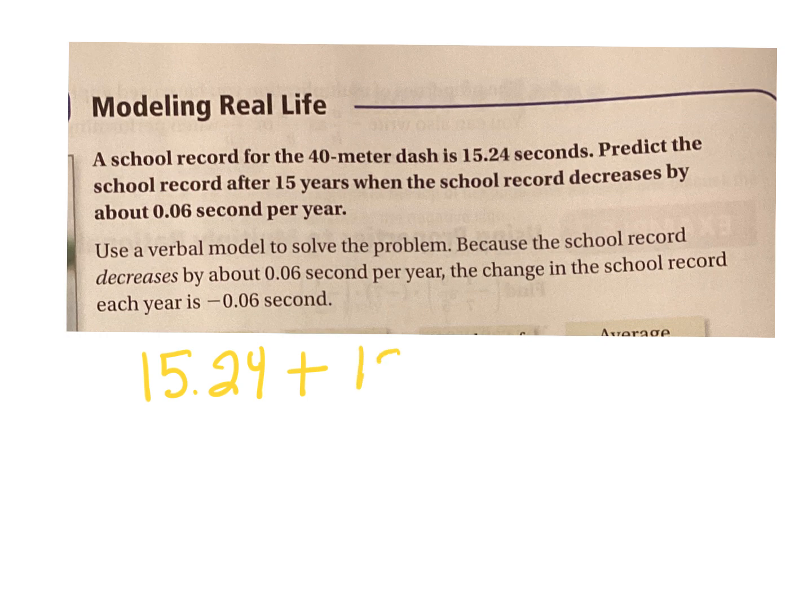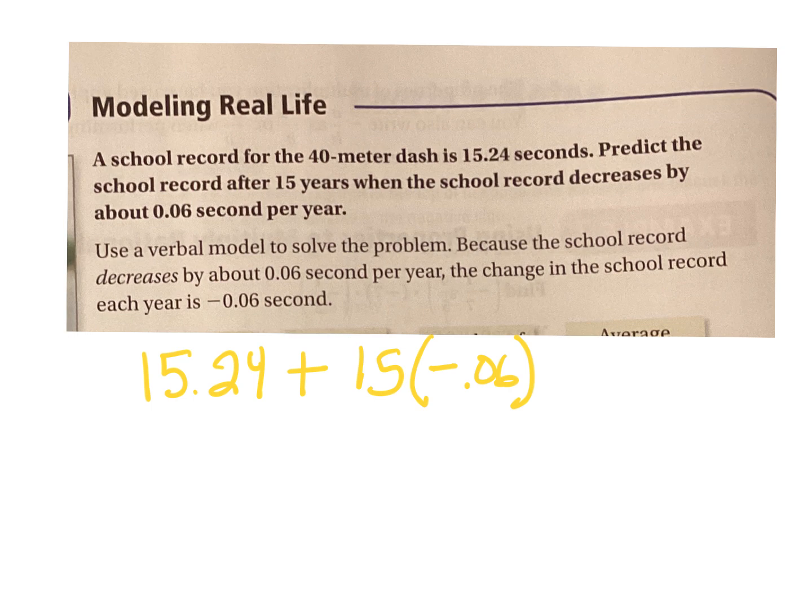So I know it's 15 years times, and it goes down 0.06, so a -0.06. So that'll get me my total decrease over the 15 years. And then I'm just going to put that with the current record, and we'll see where we're at.